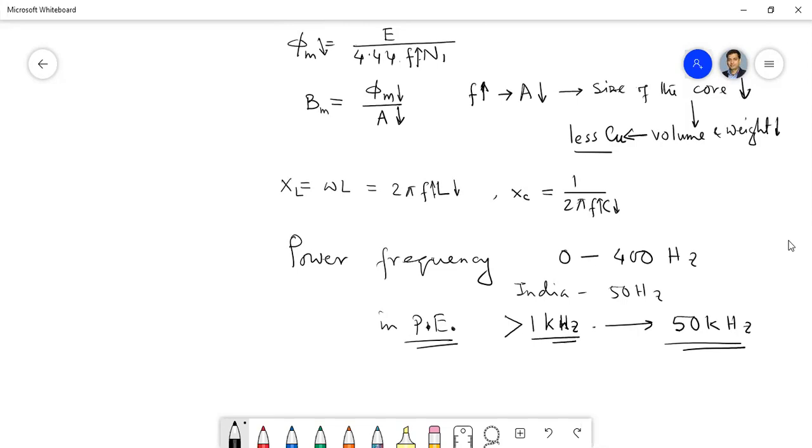In the meantime, if we go for this higher frequency conversion, then the size of the controller or power electronic equipment will be much smaller compared to a controller designed for power frequency.